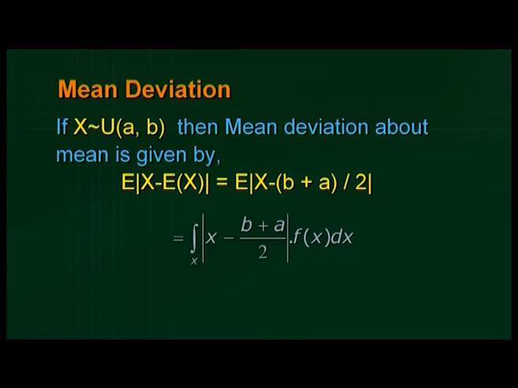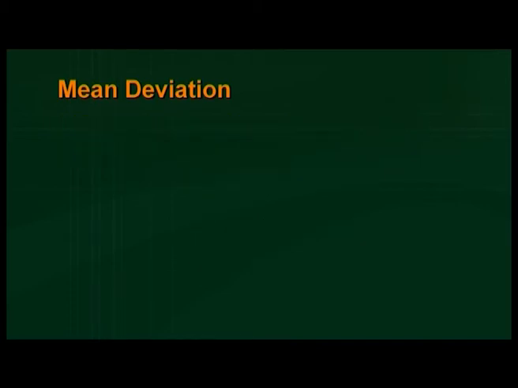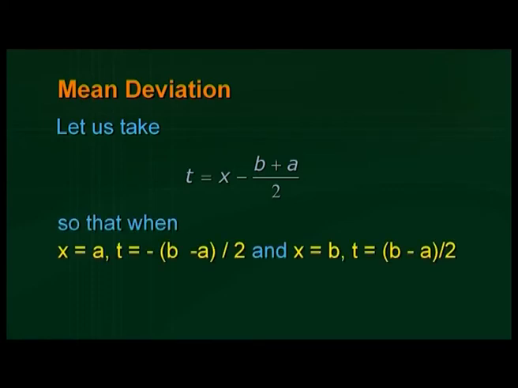This is equal to the integral over x of |x minus (b plus a)/2| into f(x) dx. Let us take t equal to x minus (b plus a)/2, so that when x is equal to a, t is equal to minus (b minus a)/2, and when x is equal to b, t is equal to (b minus a)/2.